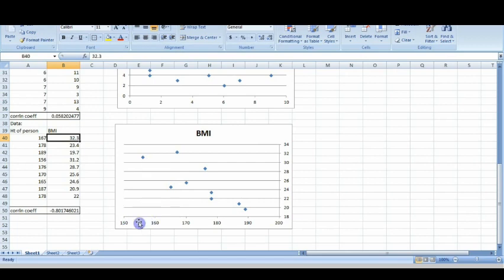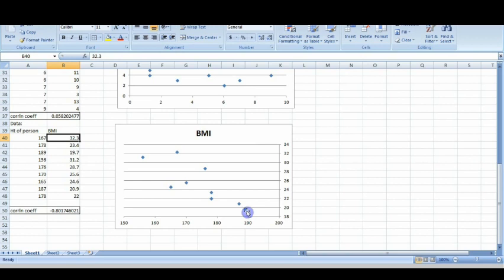As the x value, that is height of person, increases, the taller the person, the lower is the body mass index. So there is a kind of negative correlation between the two variables.